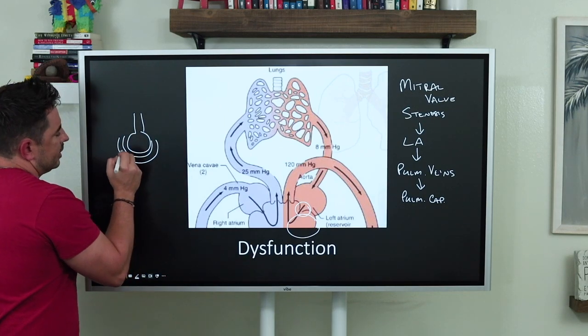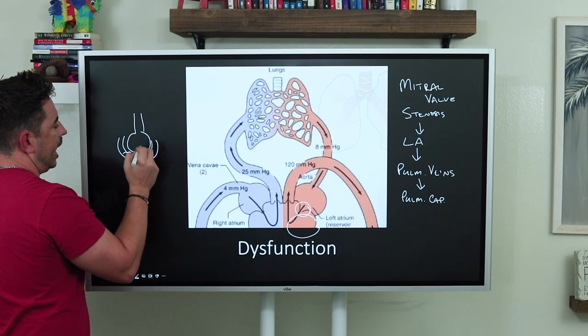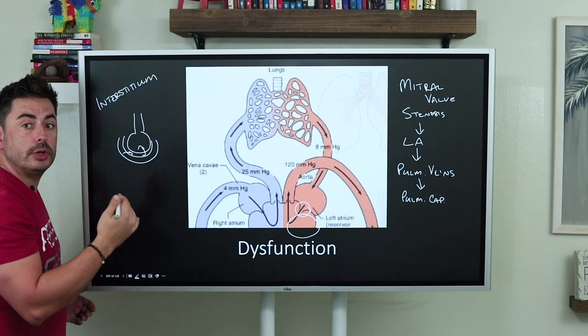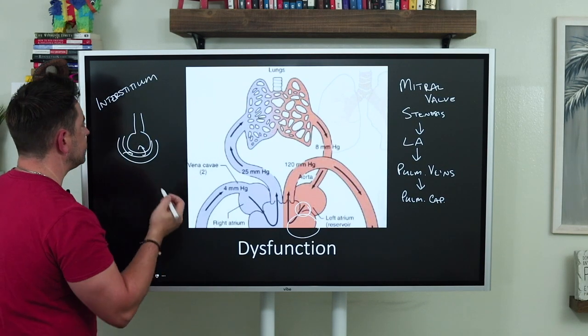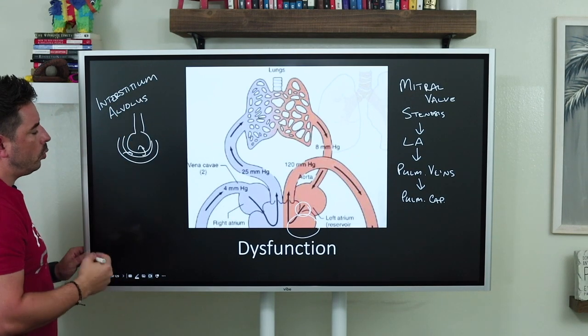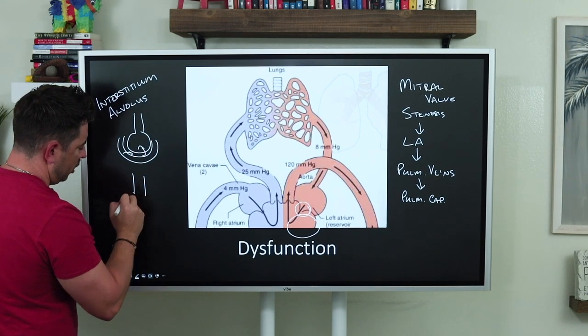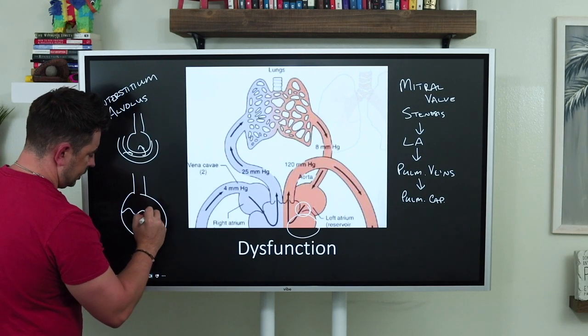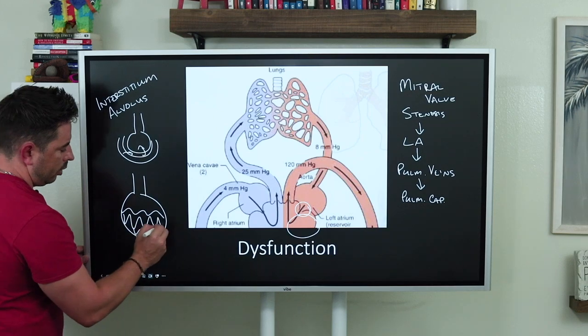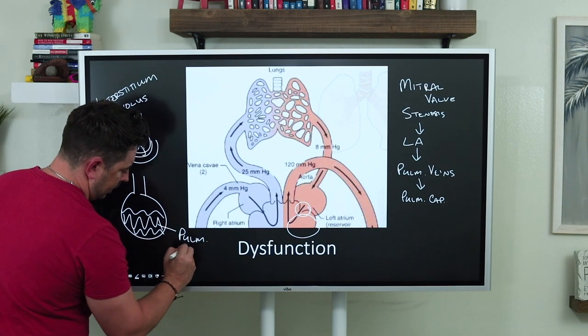So that fluid is going to fall into the tight interstitium. So it's going to move into the interstitium. So that will then spill over into the alveolus. So then we have fluid in the alveolus. So when we get fluid in the alveolus, we start to get all of this fluid here. We call that pulmonary edema.